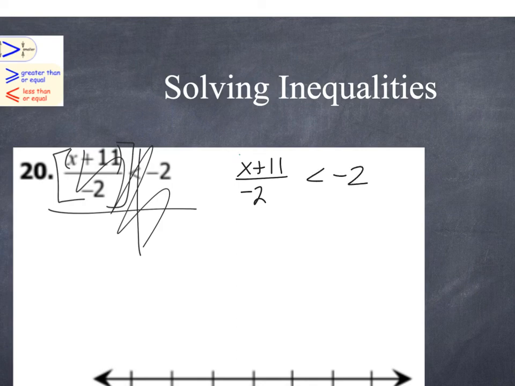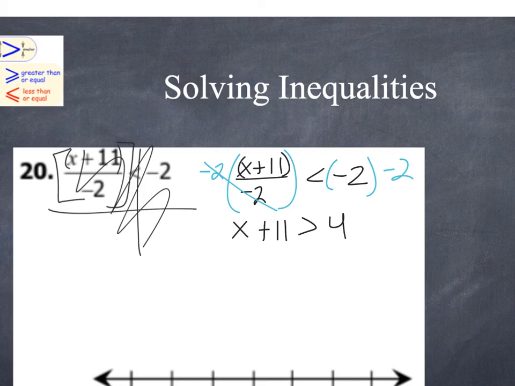We're going to want to put parentheses around that and multiply both sides by -2. That'll cancel these -2's, and we'd have to also multiply the right-hand side by -2. But because we multiplied both sides by -2, we have to flip that inequality symbol. So instead of less than, it's going to be greater than. And then -2 times -2 is +4.